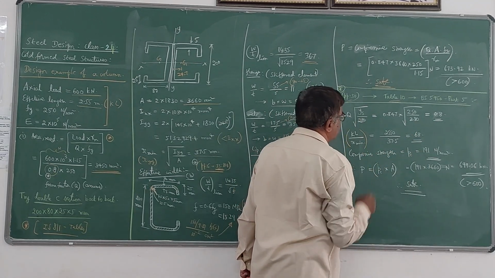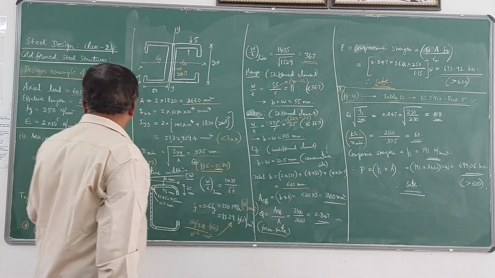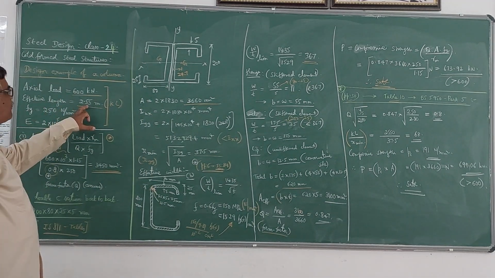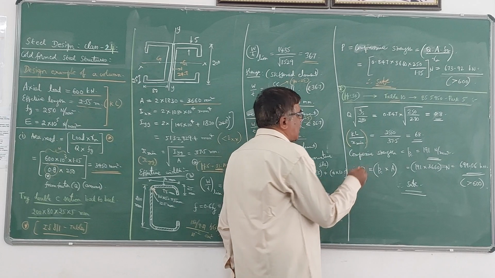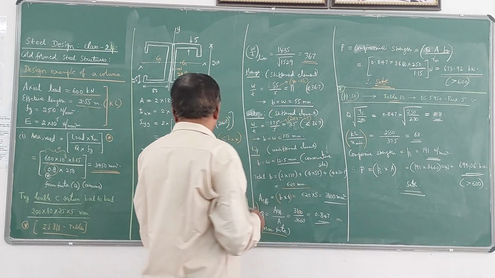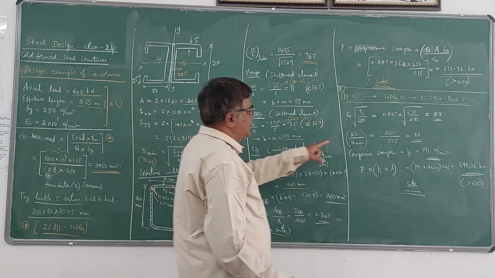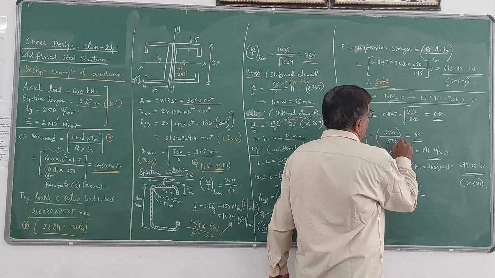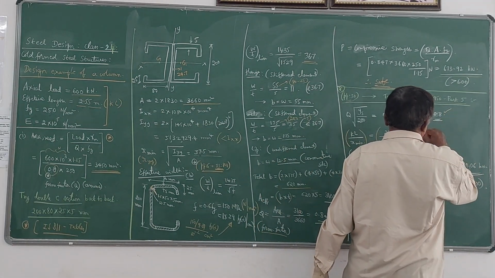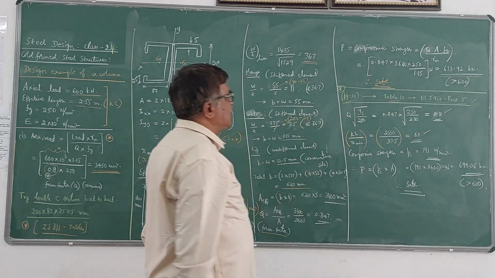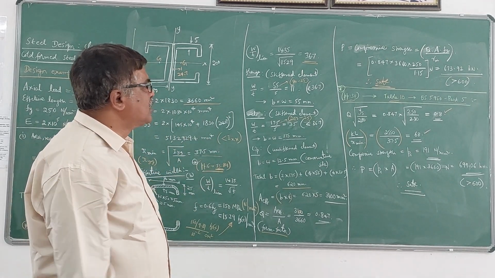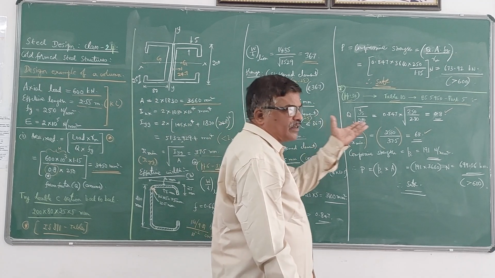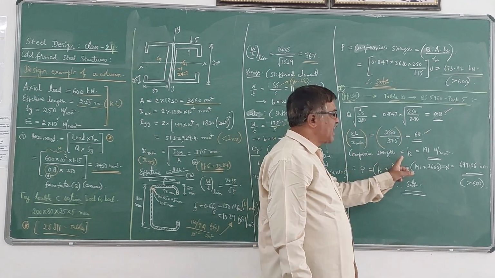And KL by r minimum. KL is the effective length here, 2.55 meter, that is 2550 mm, divided by r minimum, which we got here as 37.5. Substitute that, you will get 68. Now taking these two values, using table 10 on page 30 or 31, there are tables over 3-4 pages, you just have to take the value of the compressive strength directly.